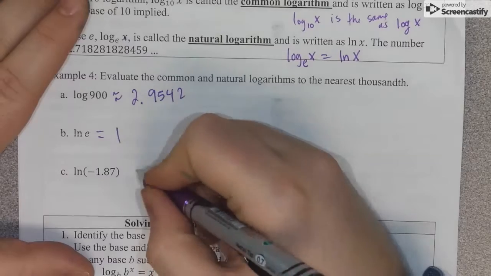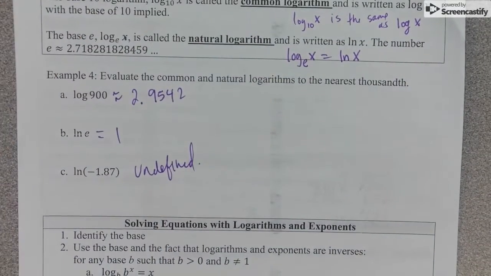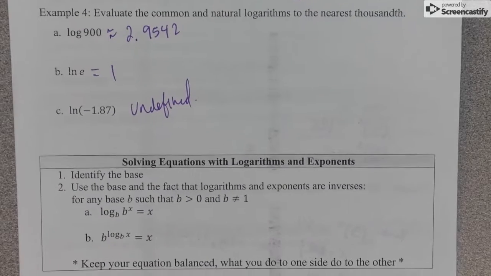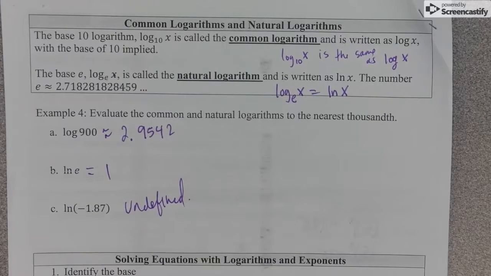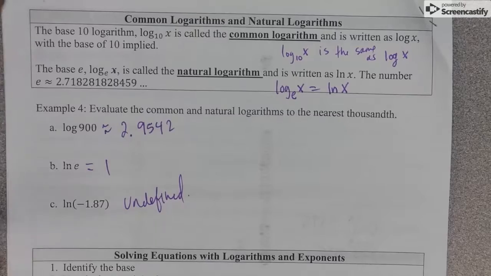So we would say undefined. So you cannot take the natural logarithm of a negative number. The next part of this, so that's how you compute common logs and natural logs. You just plug these things into your calculator, where the base is 10. And for ln, you don't have to worry about a base because the base is e.